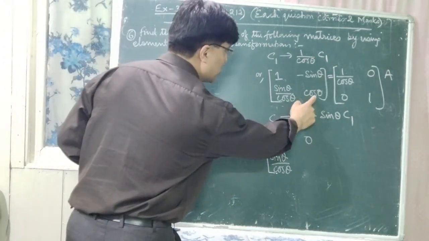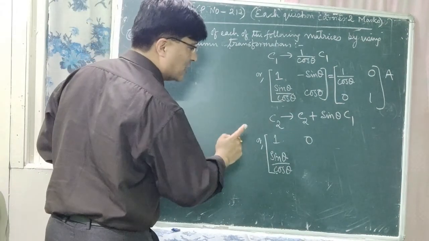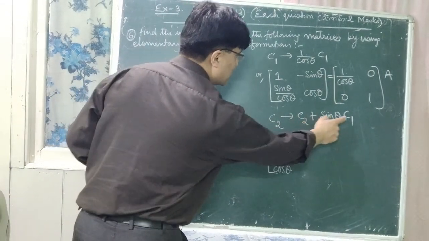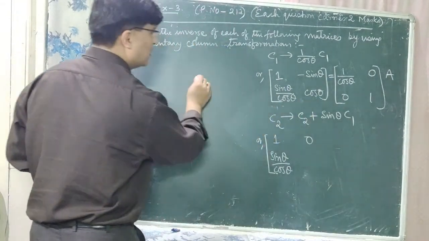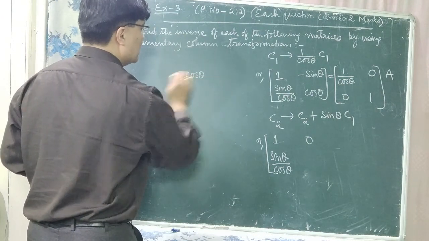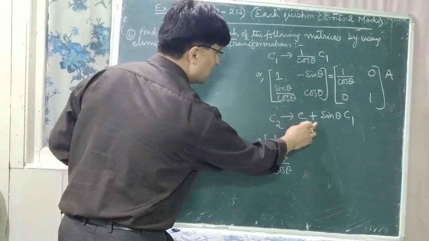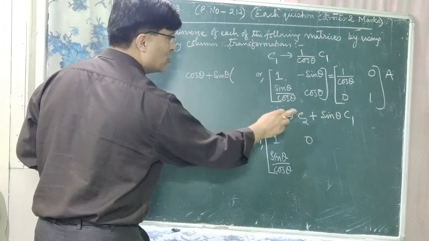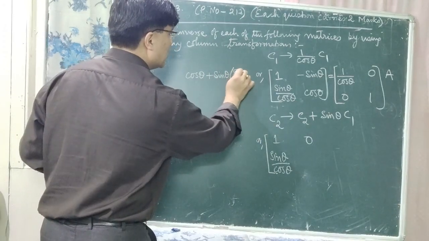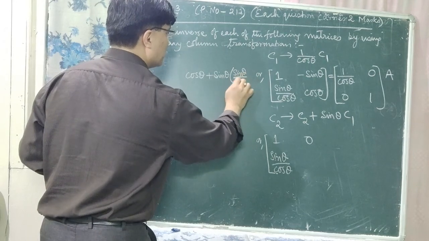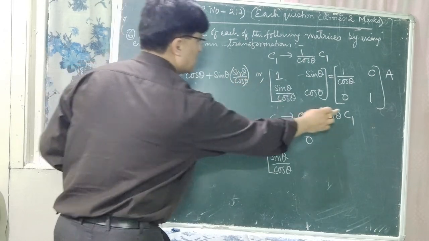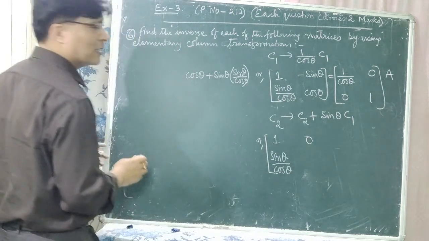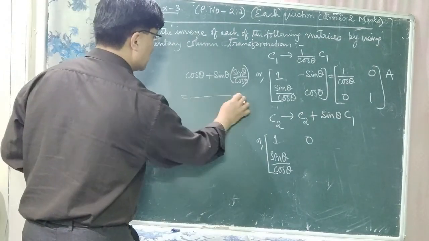Now this is also changing, isn't it? So how does it change? C2 is equal to C2 plus sin theta C1. C2 means cos theta, right? Plus sin theta into what is C1? C1 is sin theta by cos theta. So what's the LCM here?